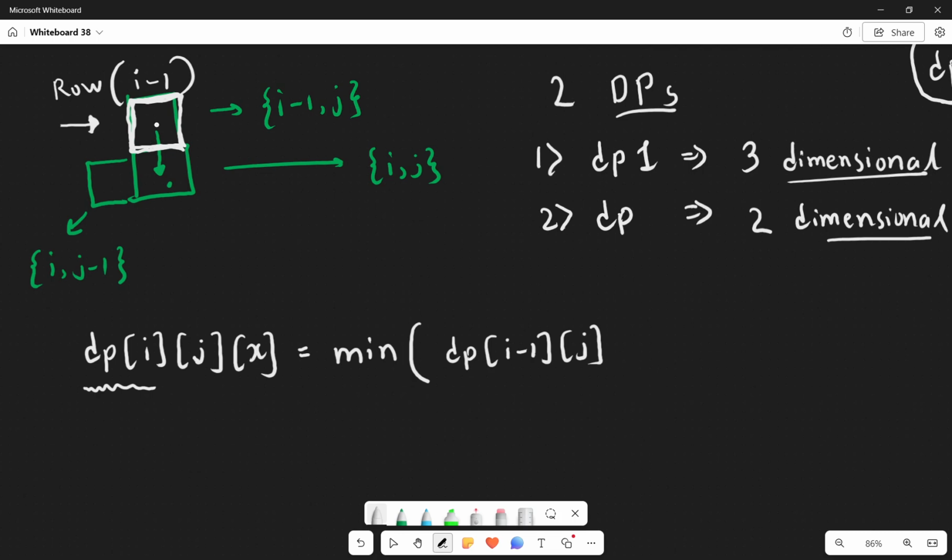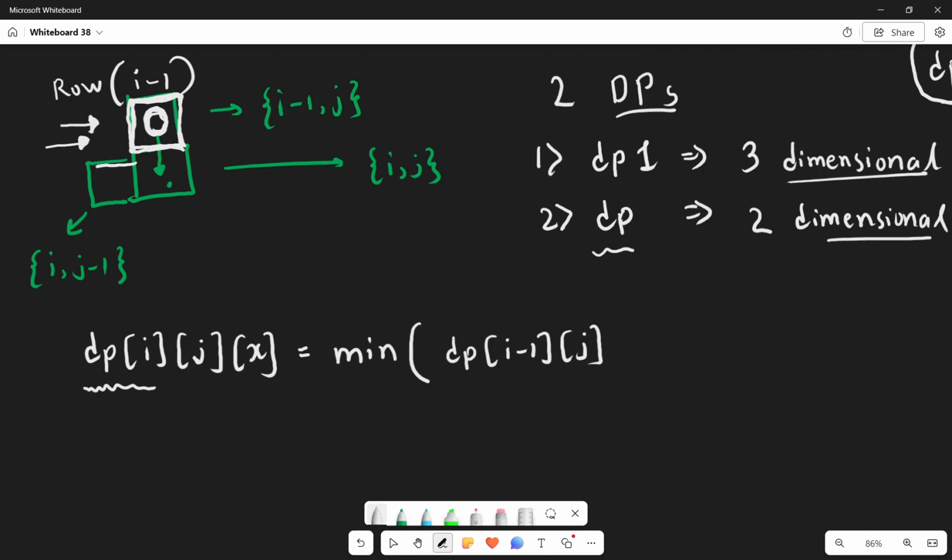You just want the minimum value present there to reach that cell. I just care about the minimum of dp1 of i minus 1, j, x over this row, right? So for that our dp will take care.